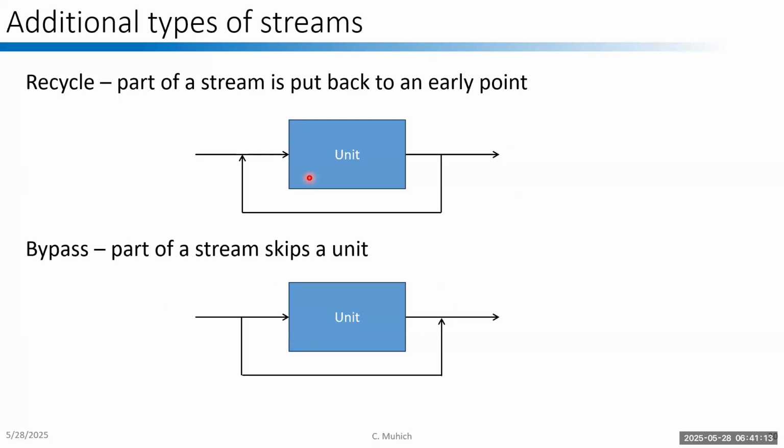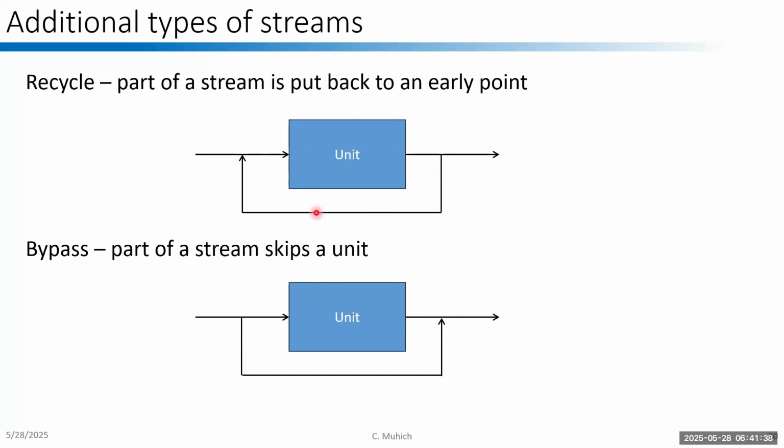Let's look at some additional vocab that I'd like you to be aware of in types of streams. One is called a recycle stream, where part of a stream is put back to an earlier point. This is pretty common in chemical reactions, right? In a single pass, we don't get the conversion that we want.